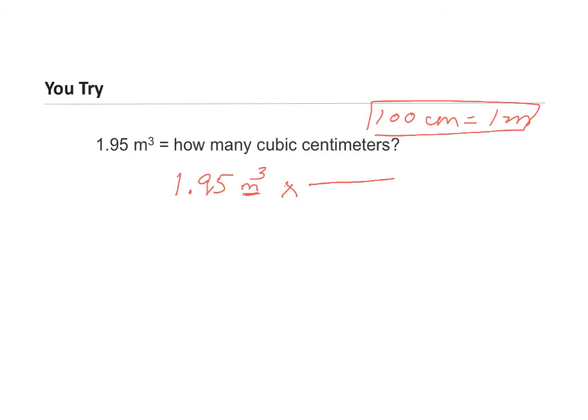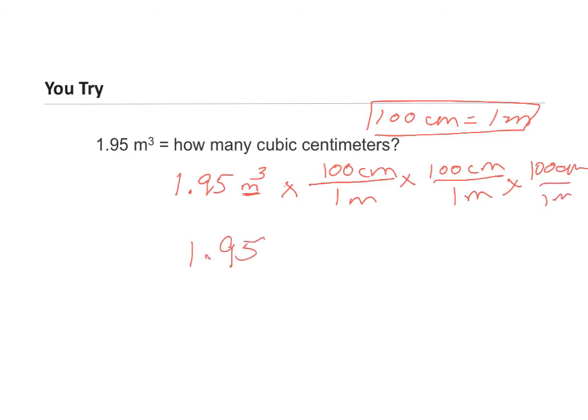Meters has to go in the denominator, and I have to do that 3 times to cancel out the cubic meters. So it's kind of the opposite of what we just did on the last page. So your calculation is going to be 1.95 times 100 times 100 times 100.